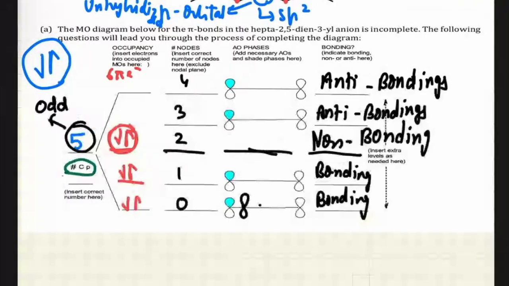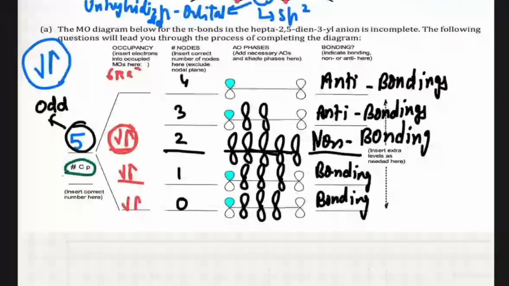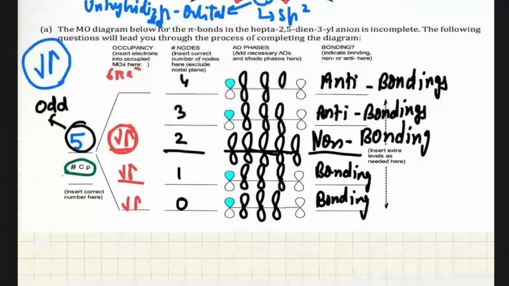We can try and space them out as equally as possible. I am not very good at drawing stuff out, so please forgive me. I'm trying my best over here. Okay, so these are 5 overall, right?